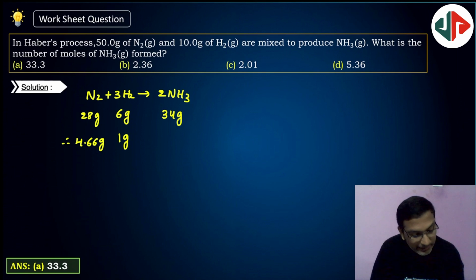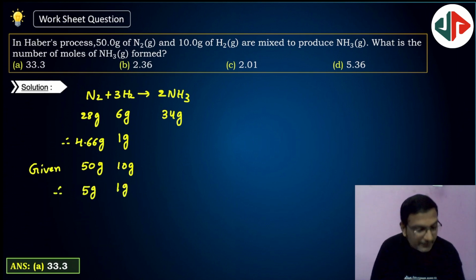But here we are taking the given weights, 50 grams and 10 grams. Therefore, for 1 gram, 5 grams is present. Simple. So for 1 gram of H2, 4.66 grams of N2 is required.